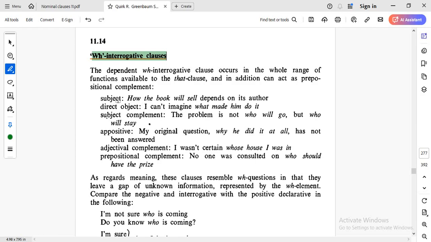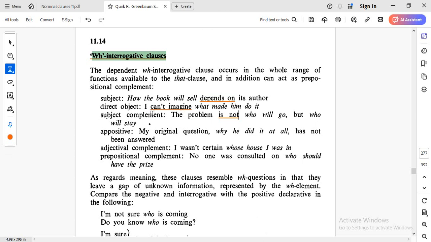It functions here as a subject: How the book will sell depends on its author. So depends on is the main verb, and how the book will sell is the WH interrogative clause, and it functions as a subject because it is at the beginning of the sentence. Its author is the object.